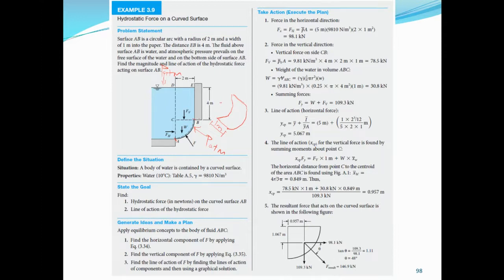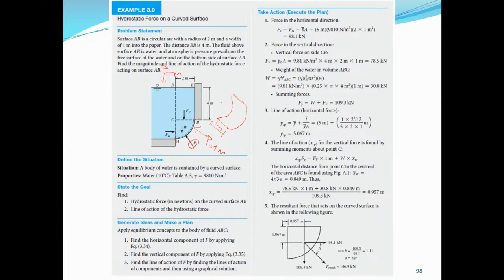The question says find the magnitude and line of action of the hydrostatic force acting on surface AB. We want to find the magnitude of the hydrostatic force F acting on surface AB, and the line of action, that is, where it passes through.